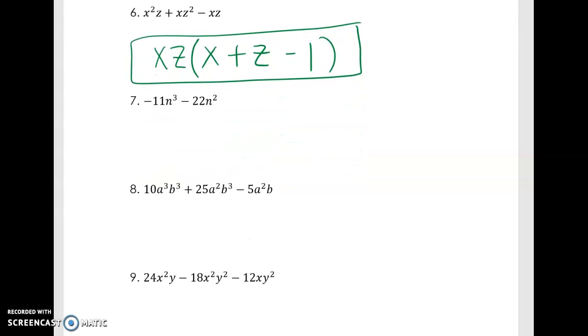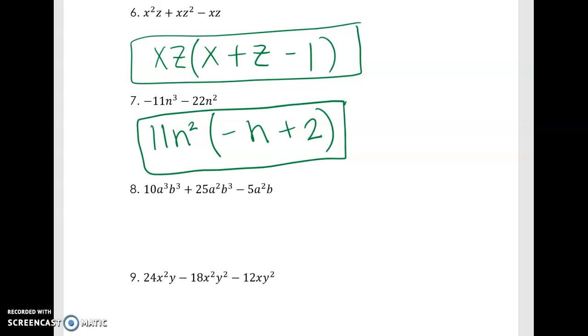Number 7. You can pull out 11n squared, and you would have negative n plus 2. If that was your answer, you could have also factored out a negative 11n squared. In that case, you just have to take care of the signs. The first one would be a positive n. Second one will be a positive, oh, I see, I just did that previous one wrong.